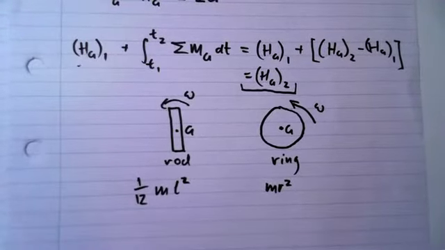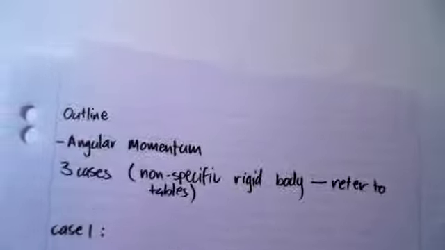Okay, so the next thing, with case 2, we're looking at angular momentum about an origin point or an origin position.